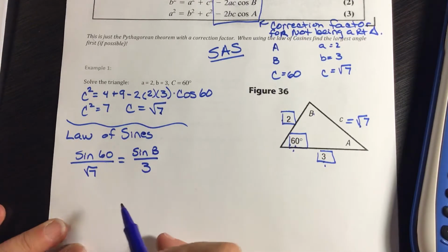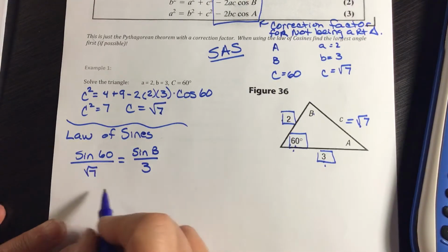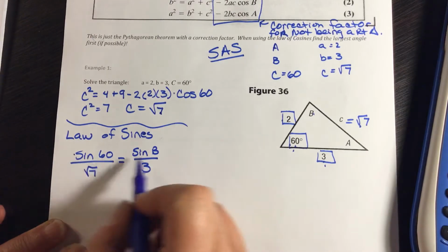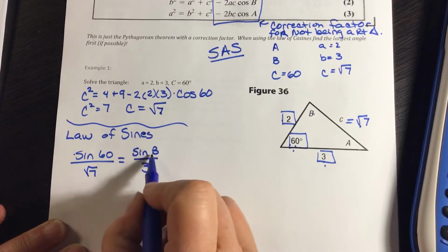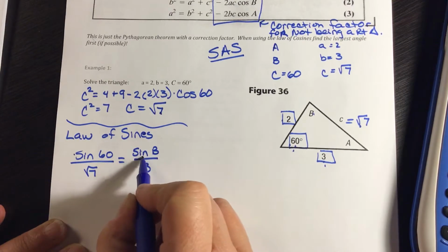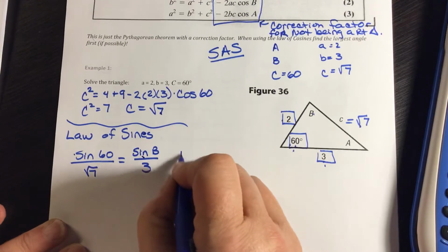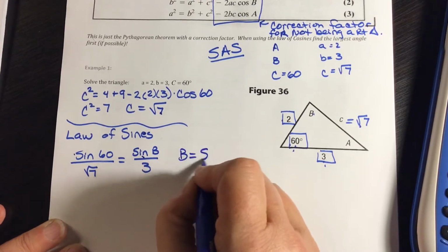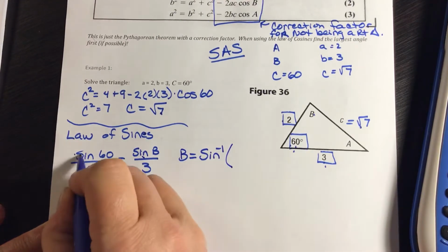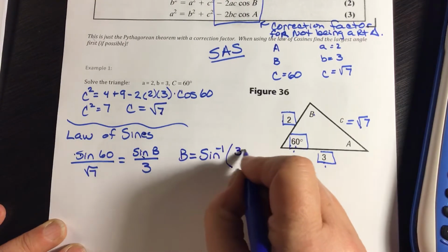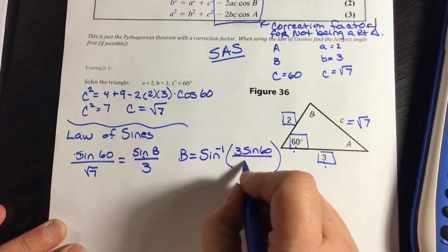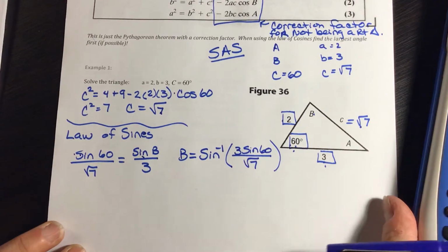So if I want to find sine of B, I'm going to multiply 3 times sine 60, and that will give sine of B by itself. And then I want to do the inverse sine to undo that. So B is going to be the inverse sine of 3 times sine 60 over the square root of 7.